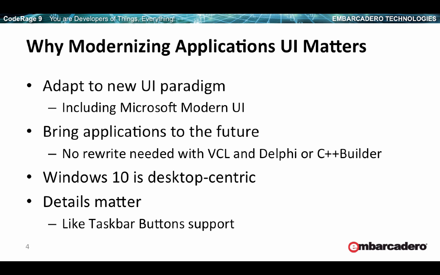So why would we want to actually modernize an application? Why does this matter? Well, it does matter because the Microsoft user interface has been changing over time. Windows 7 is different from older versions, but even more, Windows 8 and, from what we can understand, the future Windows 10 are really focused on a slightly different UI approach, mostly based on what Microsoft called Modern UI, or originally Metro.